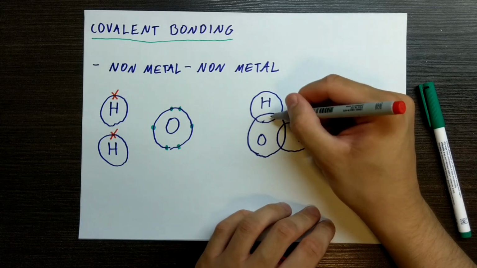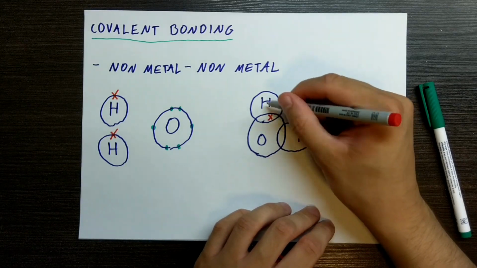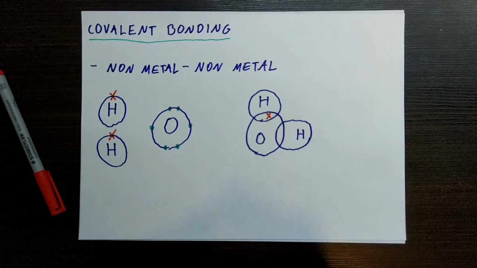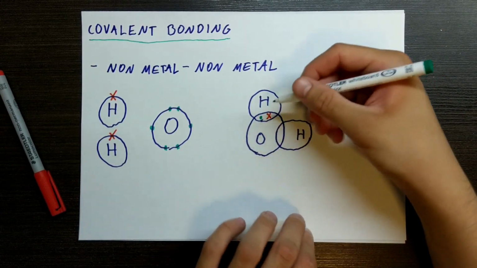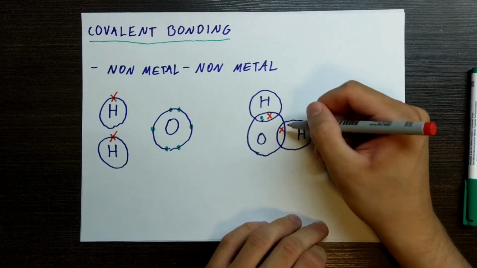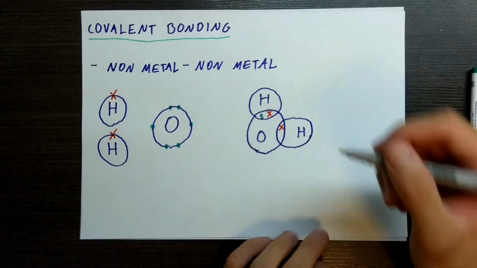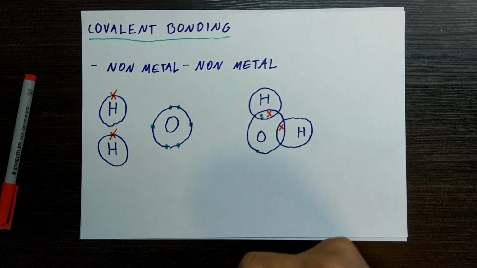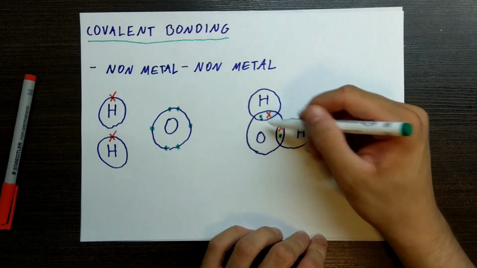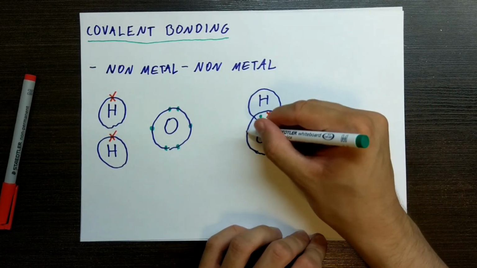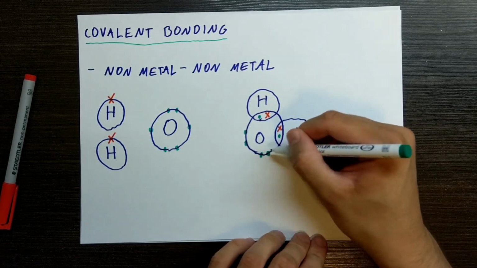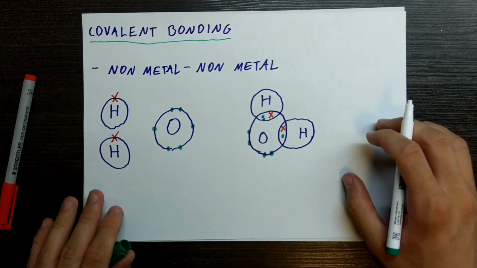Hydrogen contributes 1 electron to share, and it shares it with the oxygen. The same happens for the other hydrogen. It contributes 1 of its own electrons, but oxygen also decides to share. So we have 2 shared from oxygen, so we have 4 remaining that oxygen isn't doing anything with. They're not being shared.